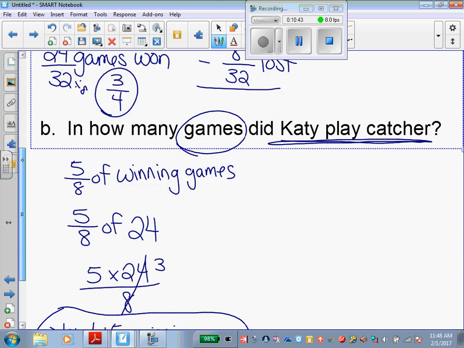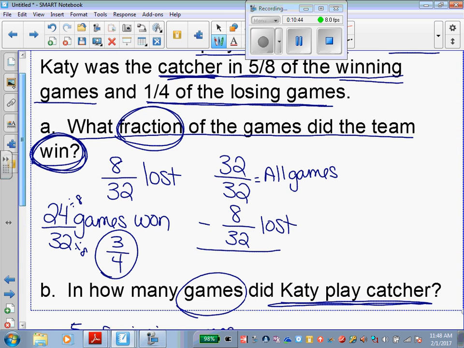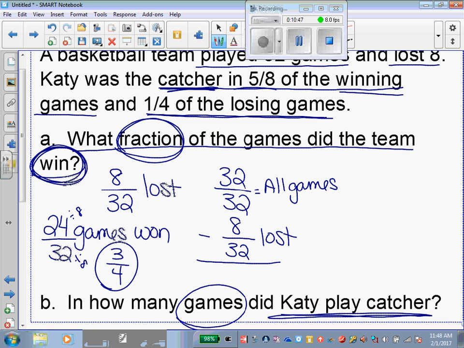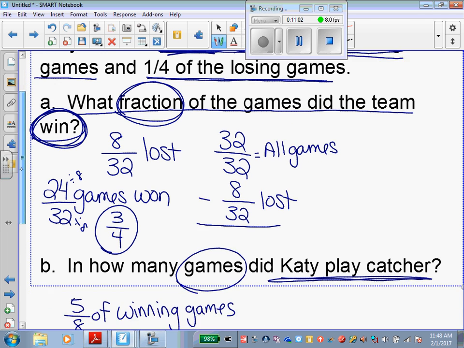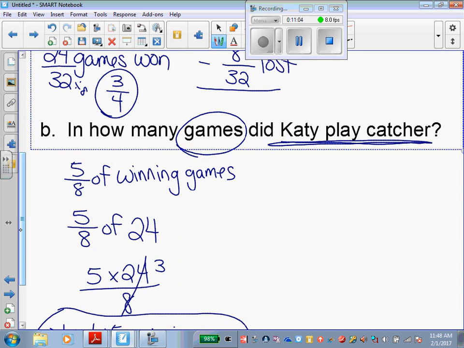So what do I need to do next? Amaya? Haley? She also played in 1/4 of the losing games. So we need to figure out 1/4 of the losing games.